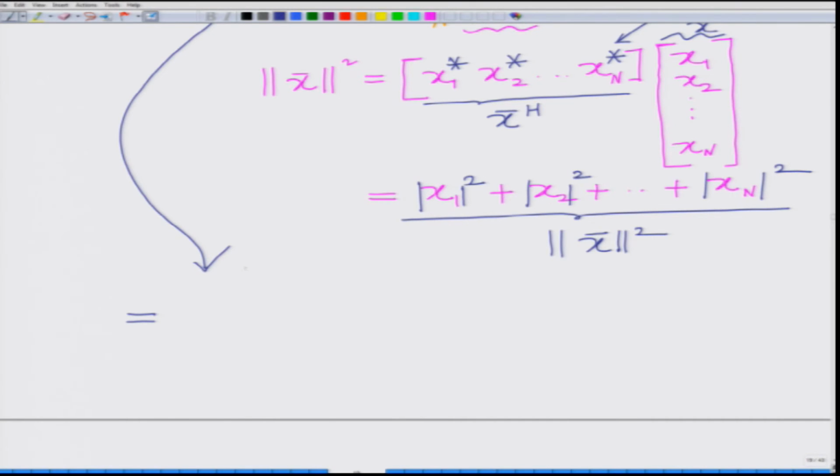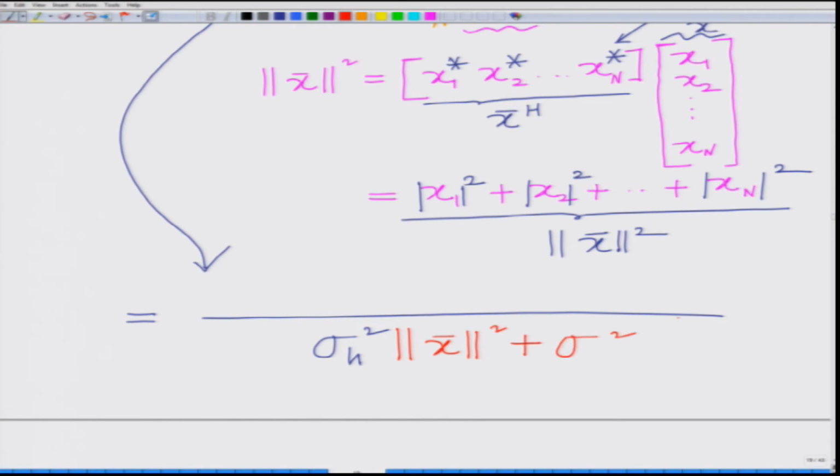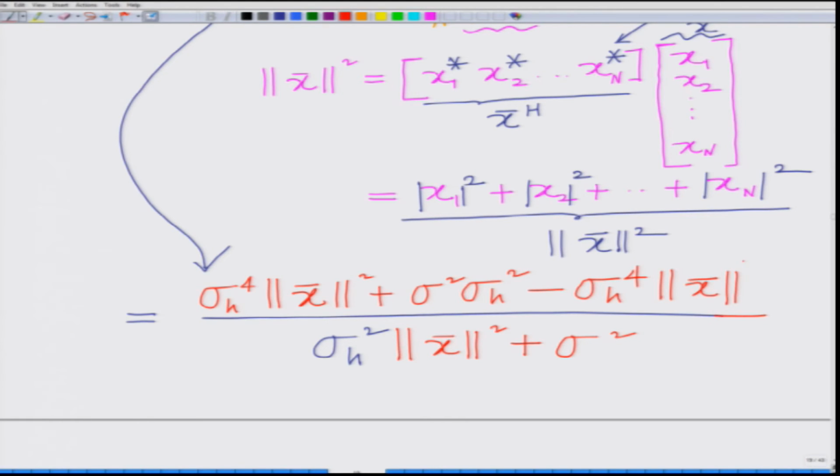That will be given by, taking this common, sigma h square times norm x bar square plus sigma square, sigma h to the power 4 norm x bar square plus sigma square sigma h square minus sigma h to the power of 4 norm x bar square.